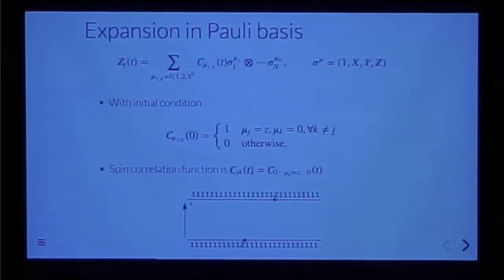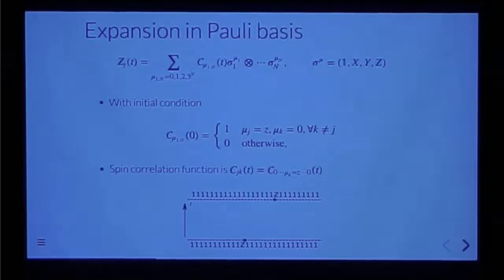Now, the way we usually handle things in these infinite temperature calculations that have become popular in recent years is to expand the Heisenberg-evolved Pauli operator in the Pauli basis. So we have some coefficients which weight each possible combination of Pauli operators, including X, Y, Z, and the identity operator at each site. And so our expansion is written in terms of those coefficients.